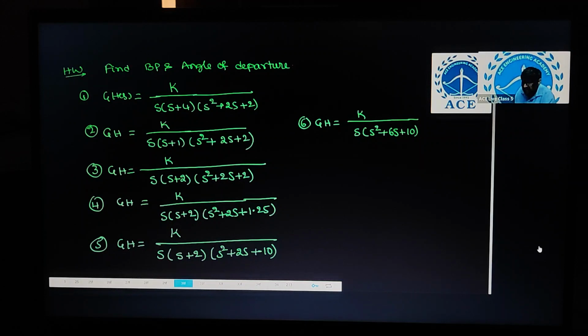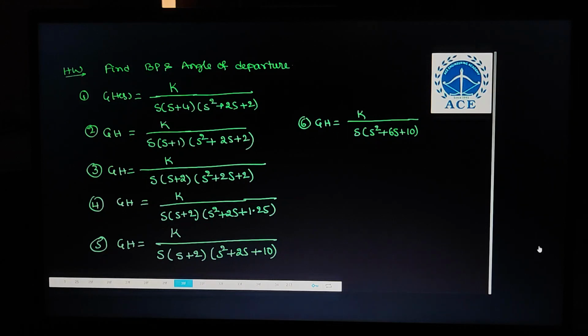Akash, any doubt? Sharad Chandra, Dhruva, Mahalakshmi, any doubts? Raise your hand. No doubt, sir. Can I close it now? Akash, any doubt? No, sir.